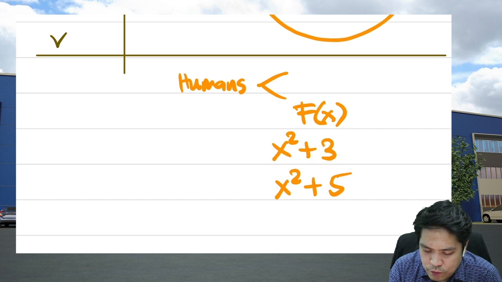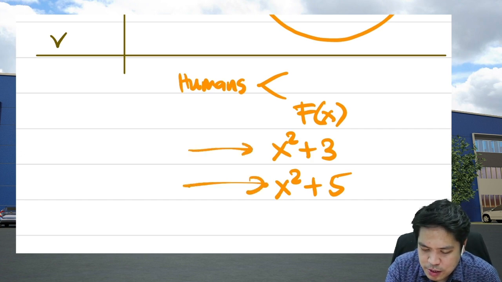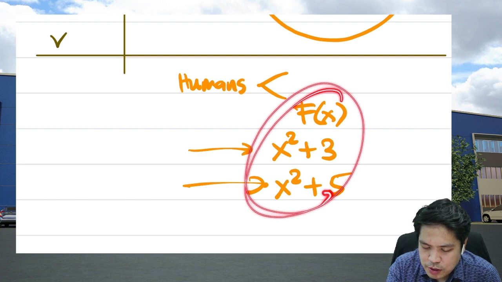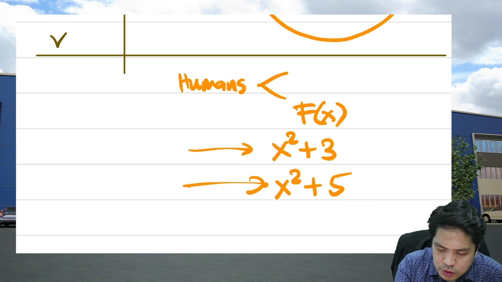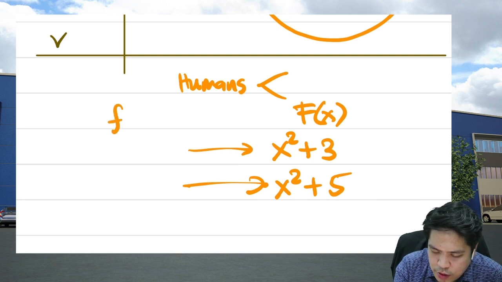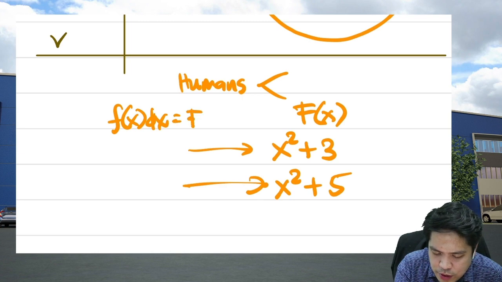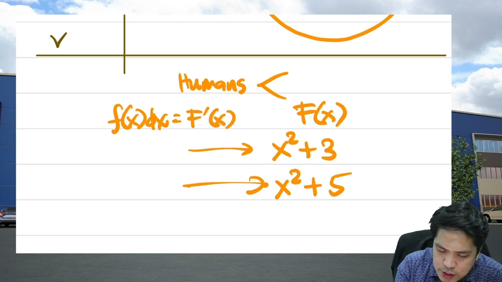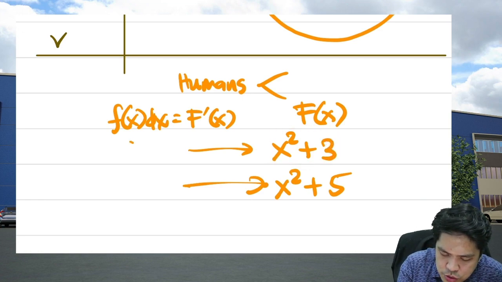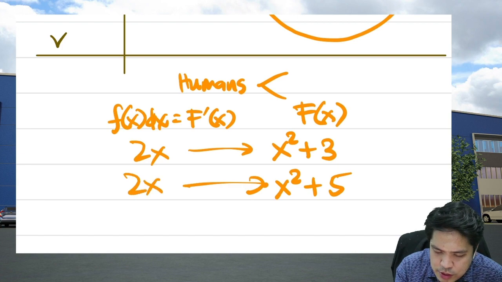If we differentiate these, these are the integrals of a certain differentiation. The derivative of the function of x, for this, is 2x. The derivative of this is 2x as well.